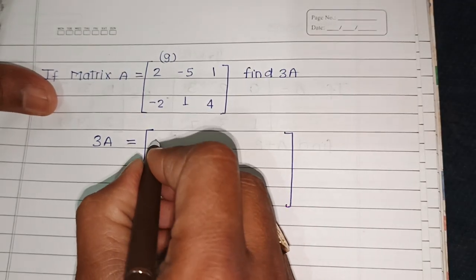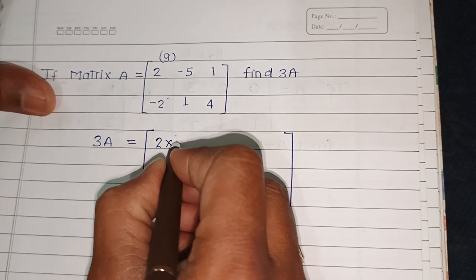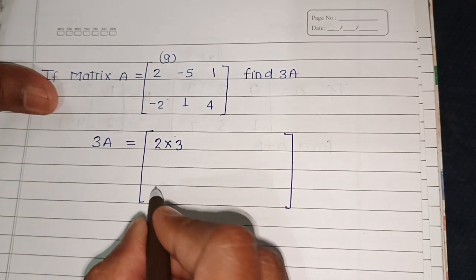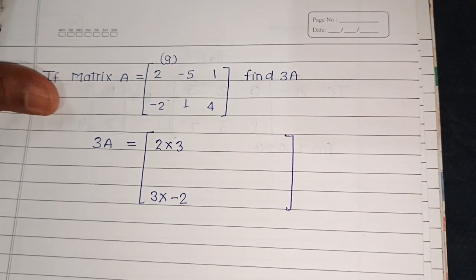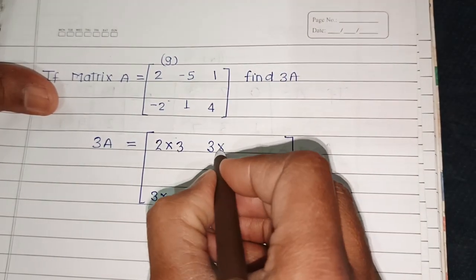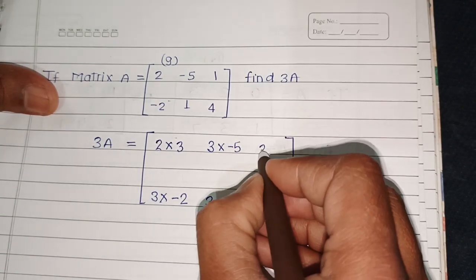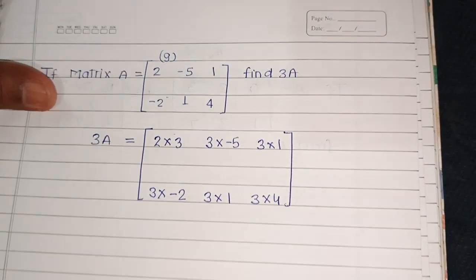Okay, so that is 2 into 3, ठीक, और 3 into minus 2, 3 into minus 5, 3 into 1, 3 into 1, 3 into 4.